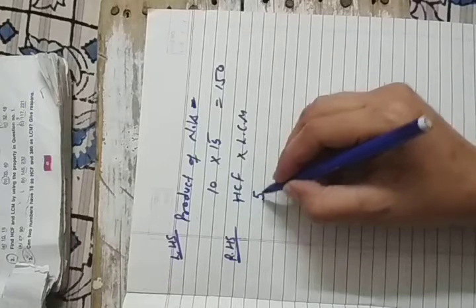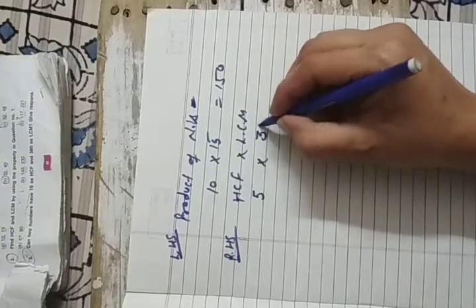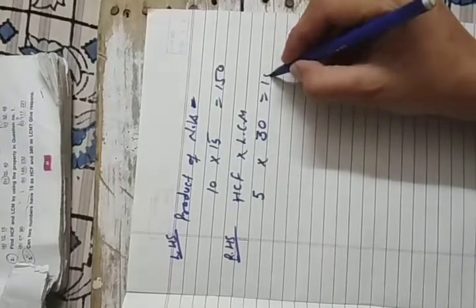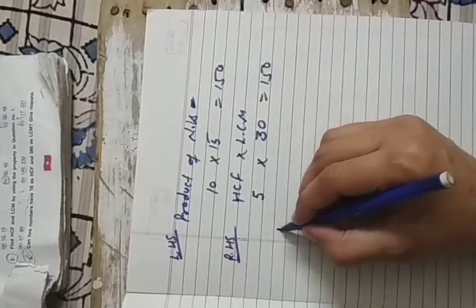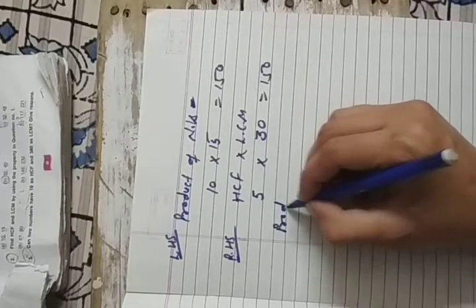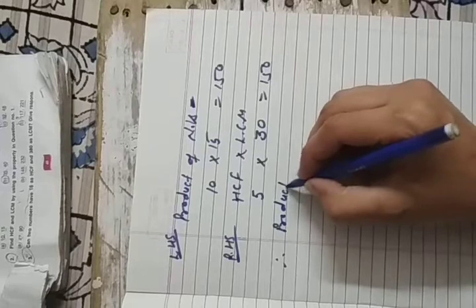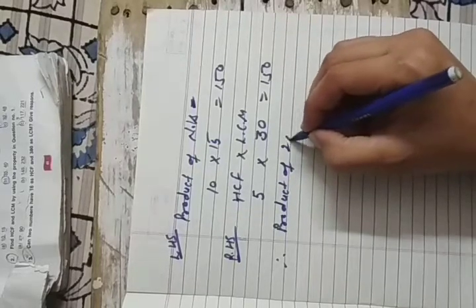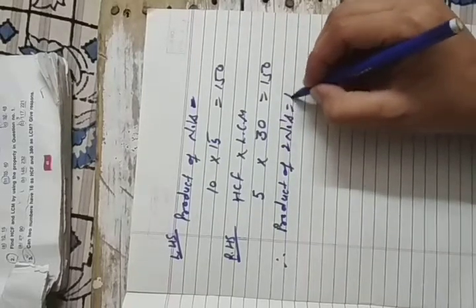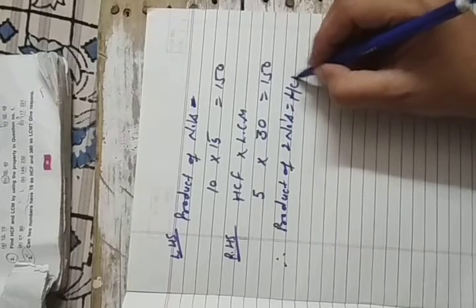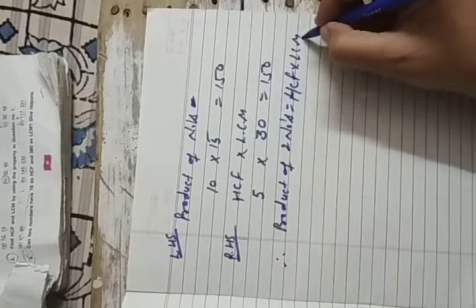HCF is 5 and LCM is 30. Now their product is 150. It means product of two numbers is equal to HCF multiply LCM.